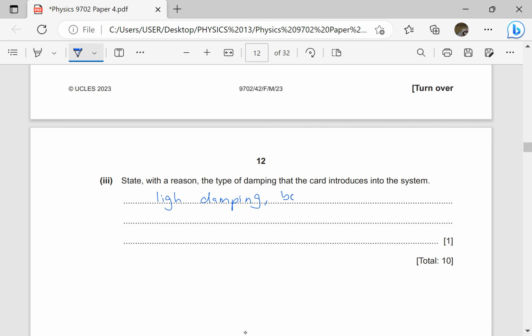So light damping because the amplitude of oscillations gradually reduces as the system continues to oscillate.